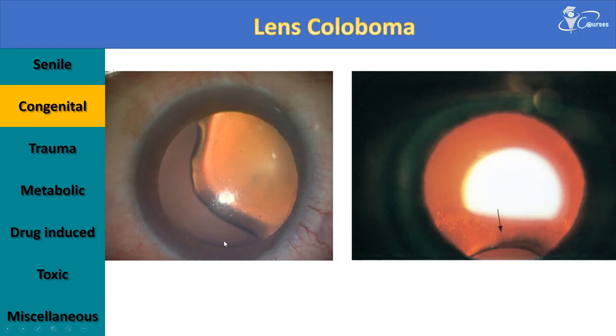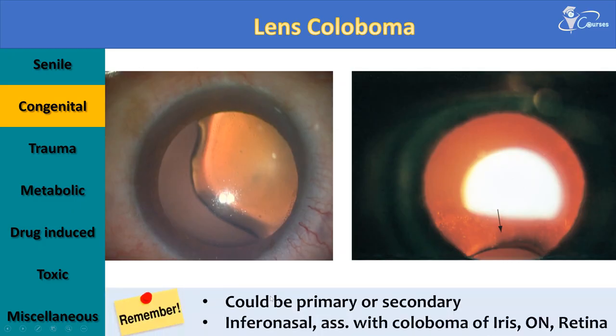These lens colobomas are typically infranasal. This is very important, as any coloboma, like the choroidal coloboma, optic disc coloboma, or chorioretinal coloboma, tends to be lower nasal, as this is the location of closure of the embryonic fissure. So it could be primary or secondary. It is infranasal, associated with coloboma of the iris, optic nerve, and retina.